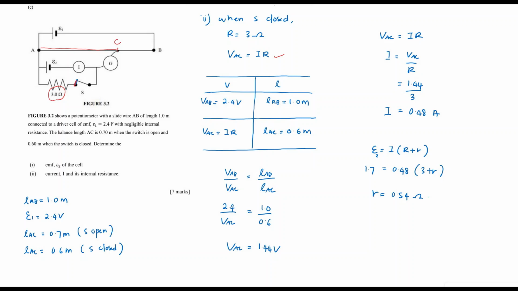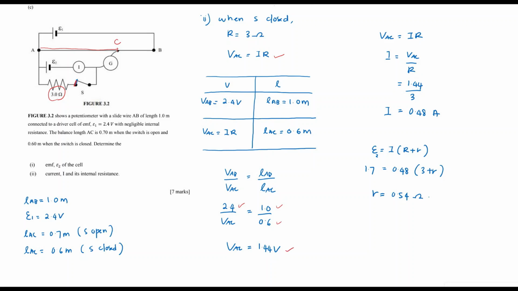From the table, we know that VAB over VAC equal to LAB over LAC. So substitute value for VAB is 2.4 volt, LAB is 1 meter, and LAC is 0.6 meter. So we get VAC equal to 1.44 volt.